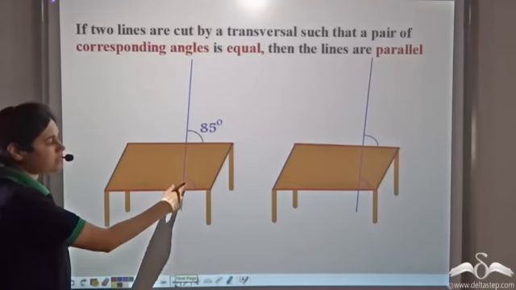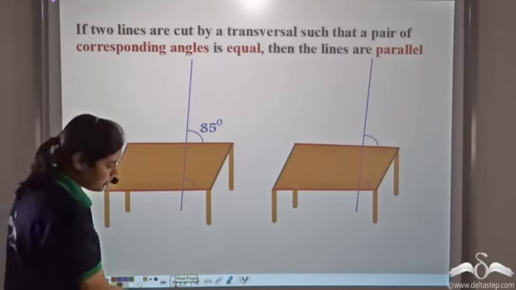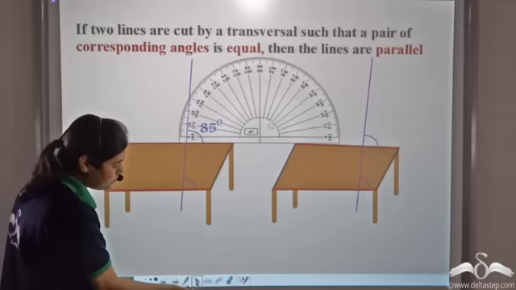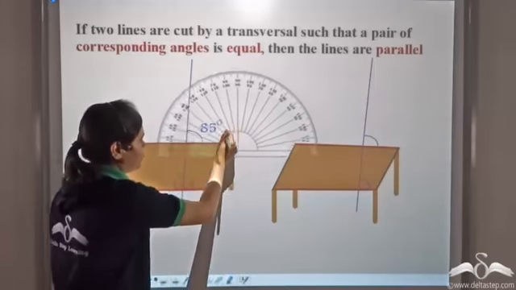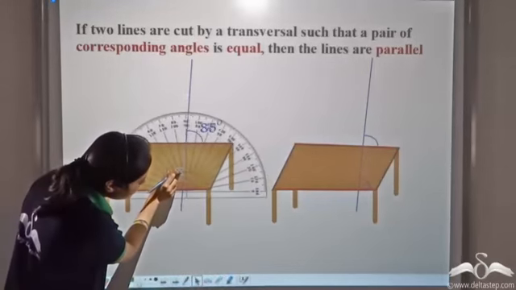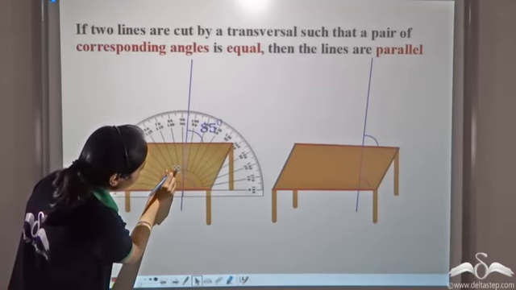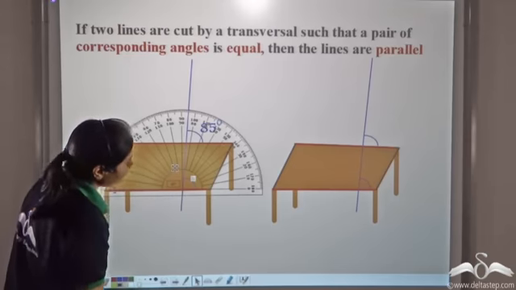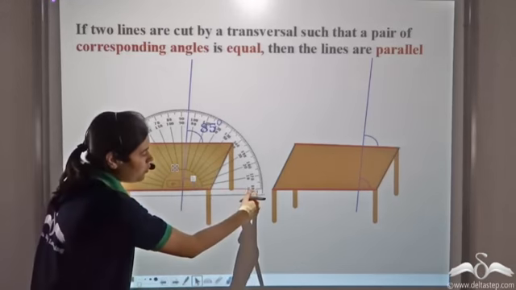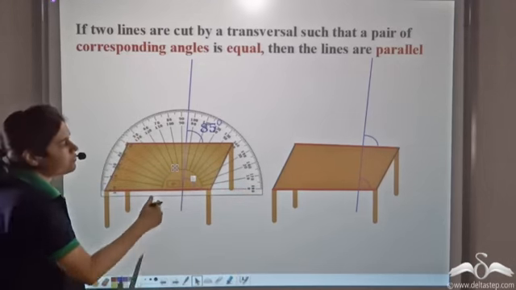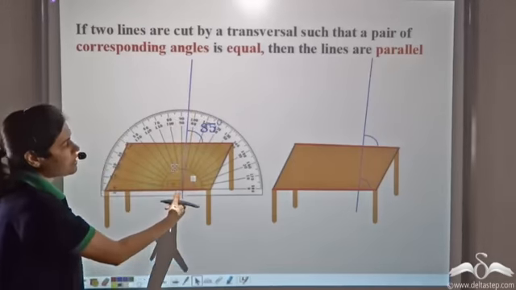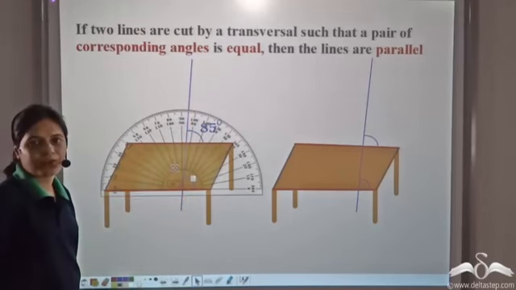Now let's measure this angle. So take the protractor, bring it to the vertex. We need to match the center with the vertex. This arm coincides with the 0. The other arm coincides with the 85 degree mark.